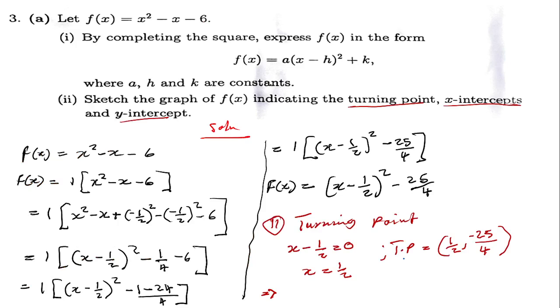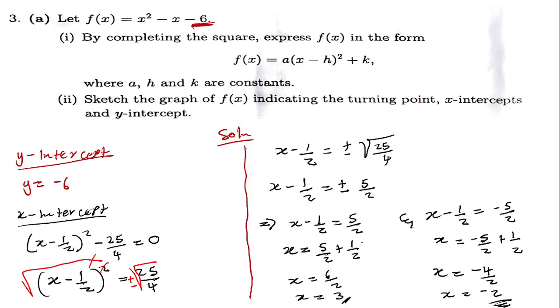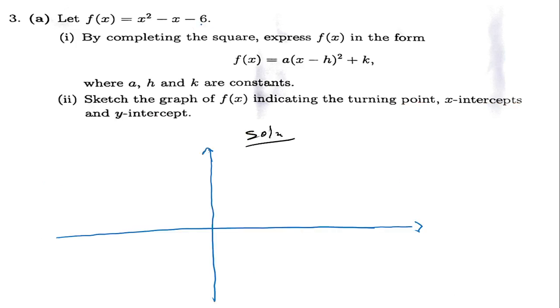The turning point was half and negative 25 over 4. Half and negative 25 over 4. Okay, so with that information, you can also pick negative 6 as your y-intercept, and then also you have the x-intercepts. So this graph will look like this.